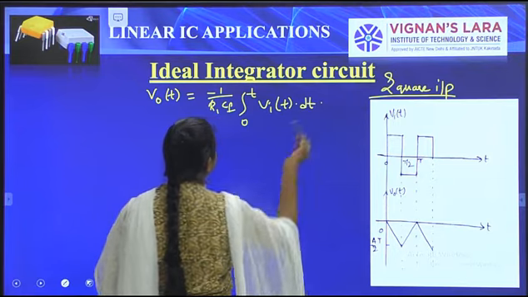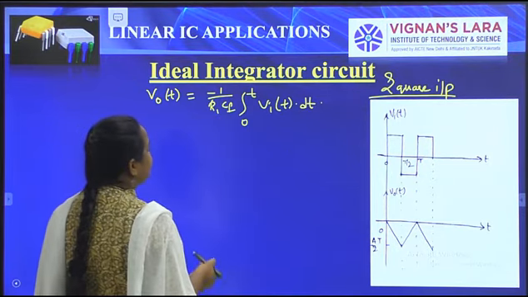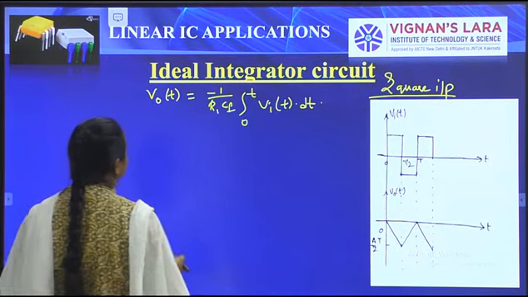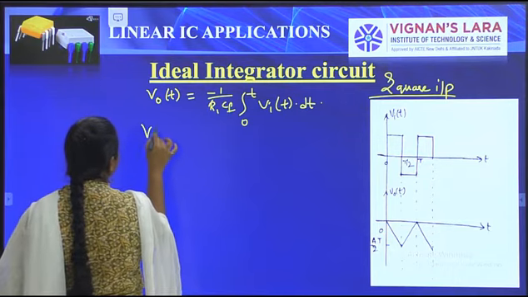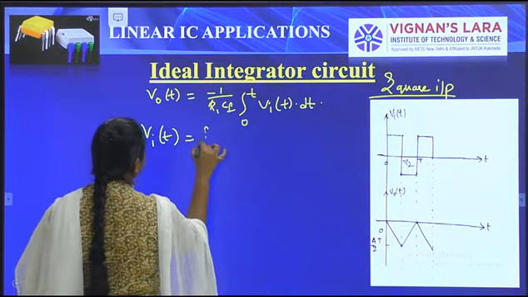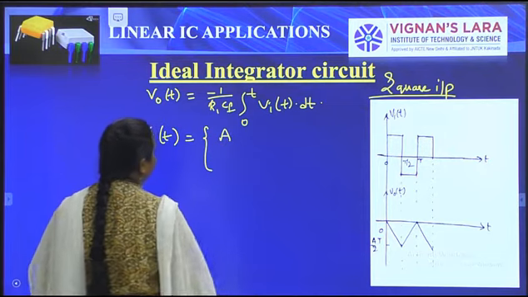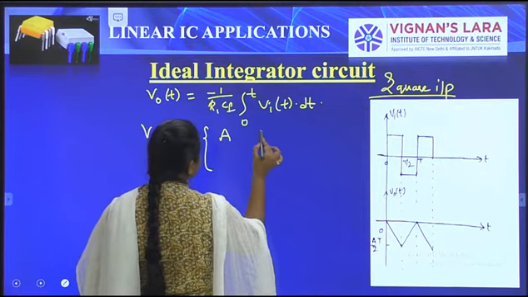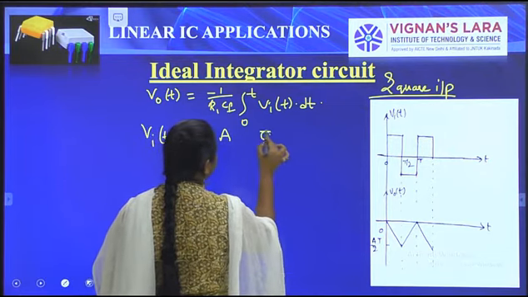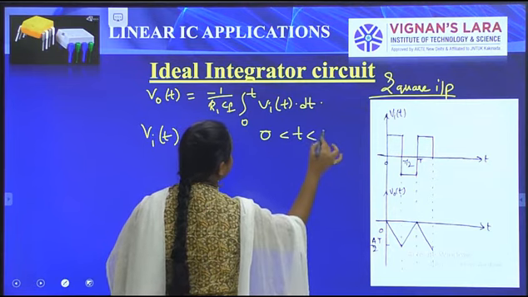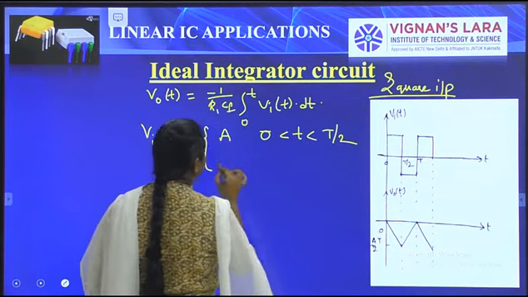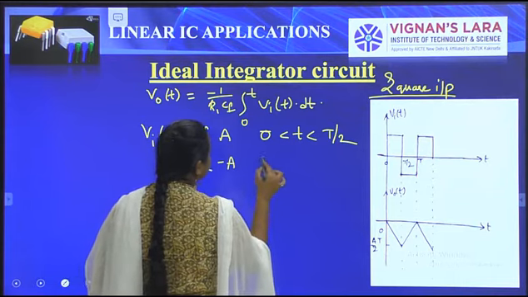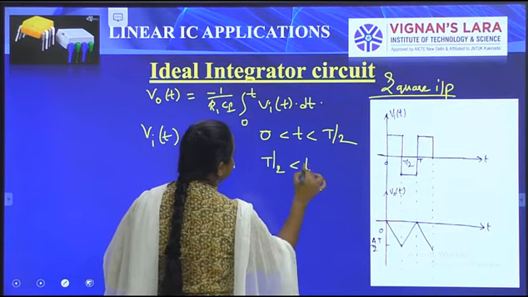What happens to this when we give the input as a square input? Here Vi of t is equal to A when 0 is less than t less than T by 2, and minus A when T by 2 is less than t less than T.